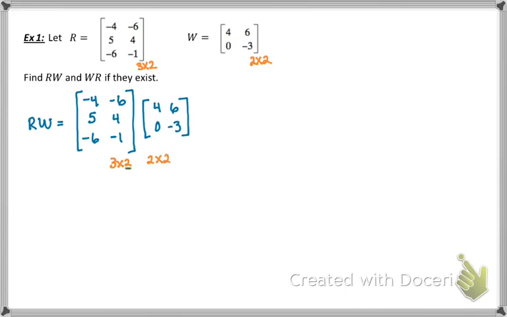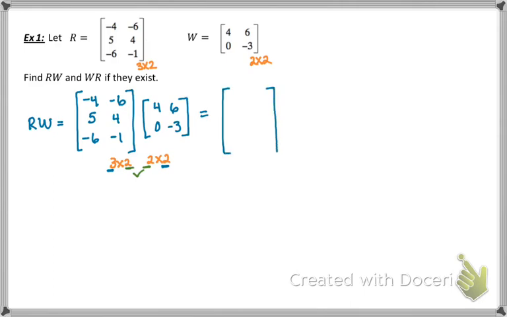Okay, looks like the inner numbers are the same. The number of columns in the first matrix matches the number of rows in the second matrix. So this tells me, yes, I can multiply them. And I know that after I multiply, my resulting matrix is going to be a 3 by 2 matrix.